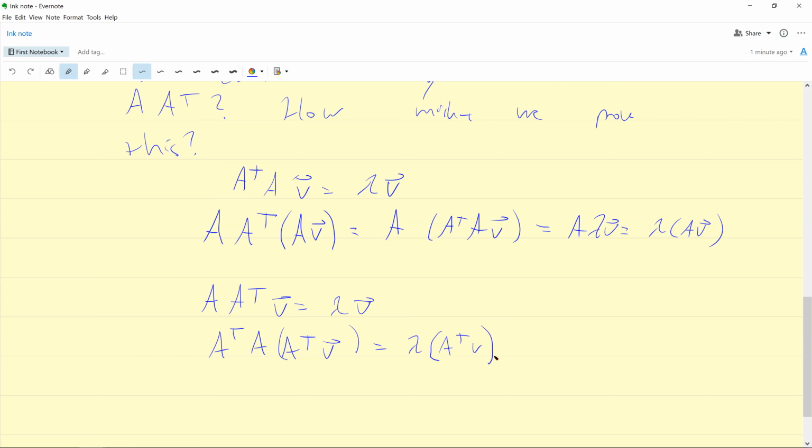Could you explain how you got the second line, the first step of it?